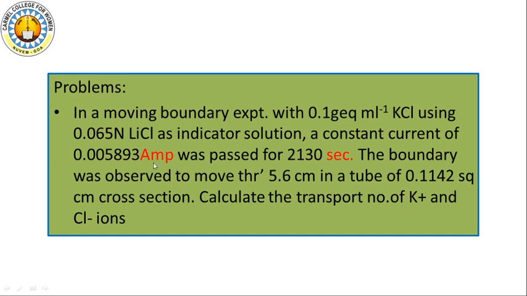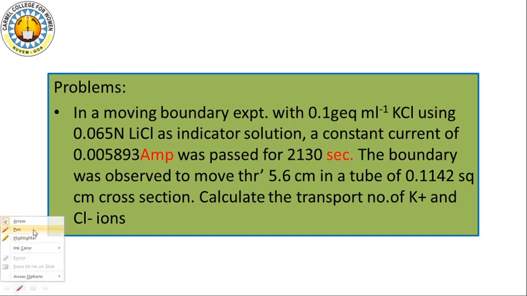So you have to keep a check on these two units. This has to be in amperes, this has to be in seconds. In this particular problem, it is given to you in the proper units. The boundary was observed to move through 5.6 centimeter in a tube of 0.1142 square centimeter cross section. Calculate the transport number of K plus and Cl minus ions.